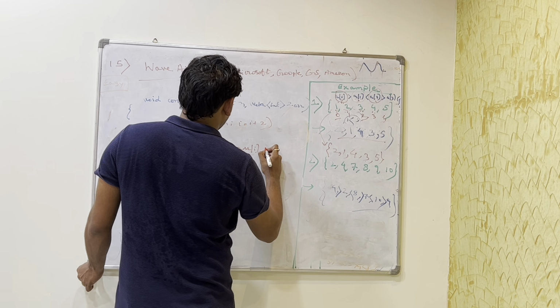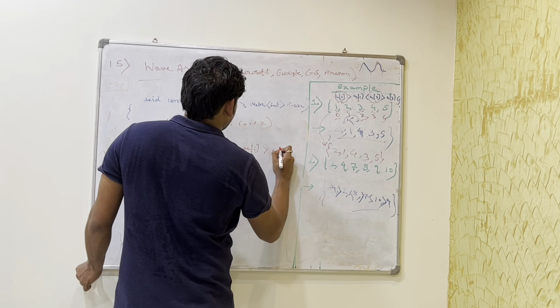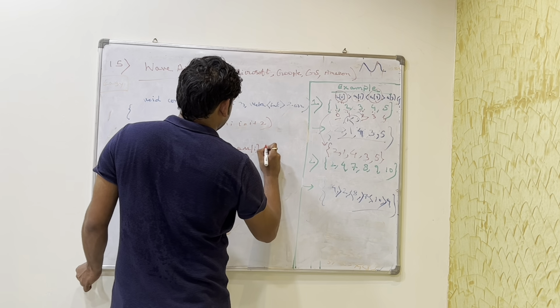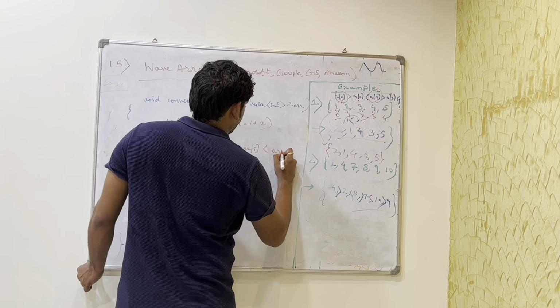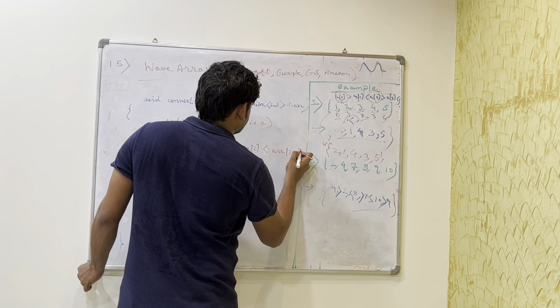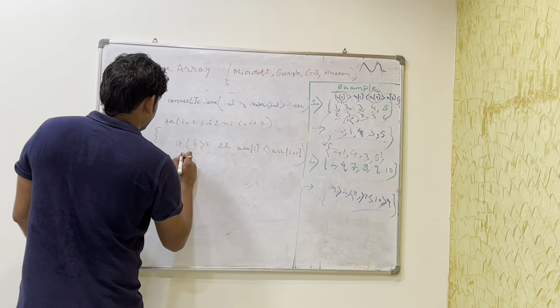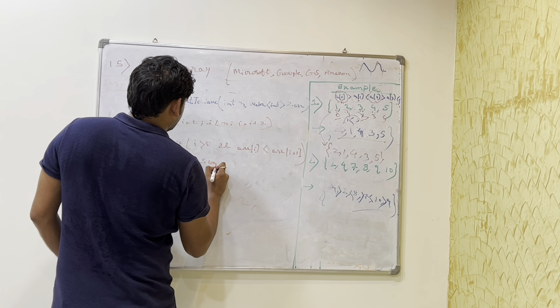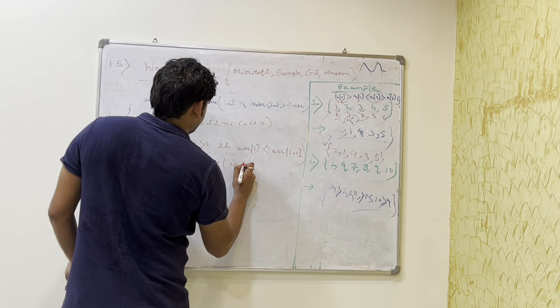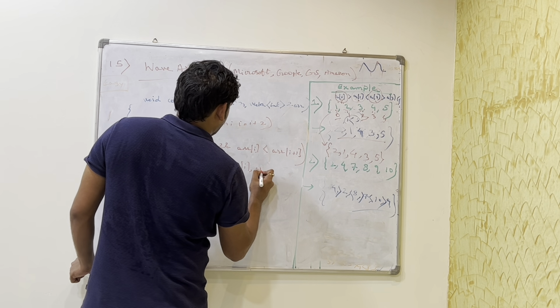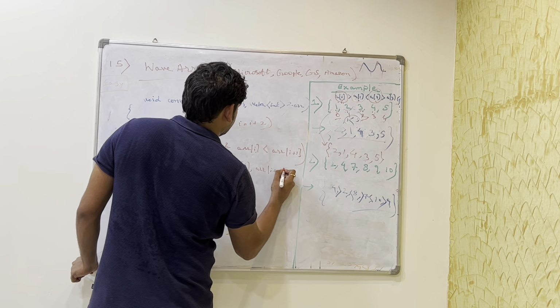If array of i is lesser than array of i plus 1, we don't want this, then what we will do, we will swap array of i and array of i plus 1, right?